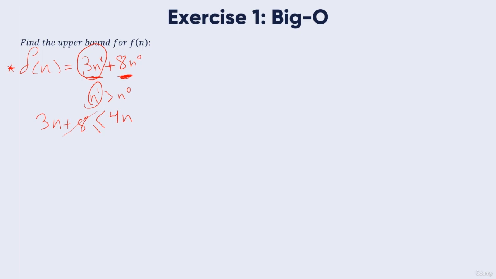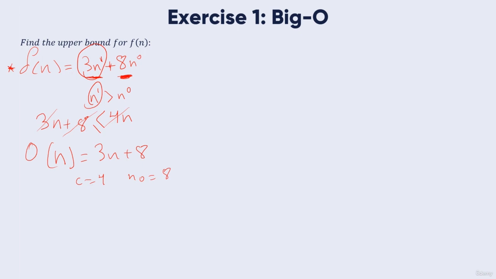And now we remove the constants, so the notation is O of n for the 3n plus 8, with c equal to 4 and n0 equal to 8. This is very important to understand. This is the first example. Don't worry, we will clarify in the next exercise.